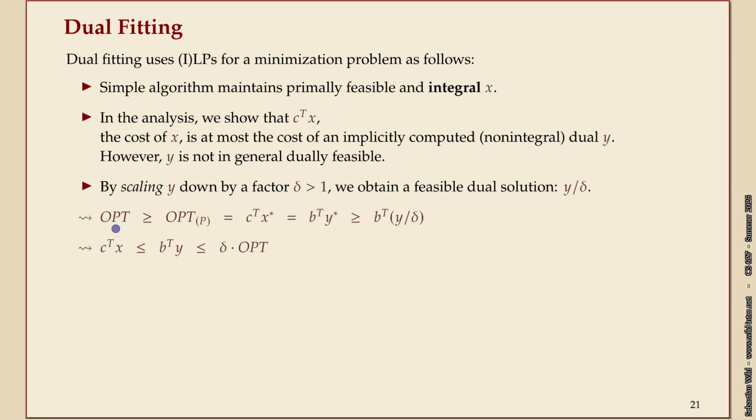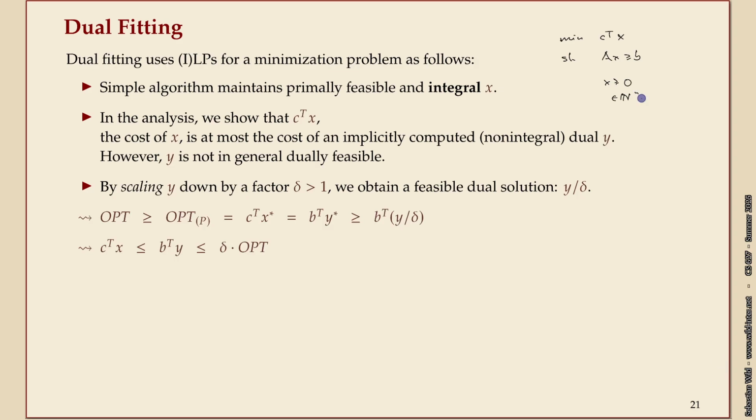The optimal actual value is what you're looking for. That's where we're still in this realm of doing the minimization of c transpose x subject to Ax greater equal b, x greater equal 0. That's our primal LP.